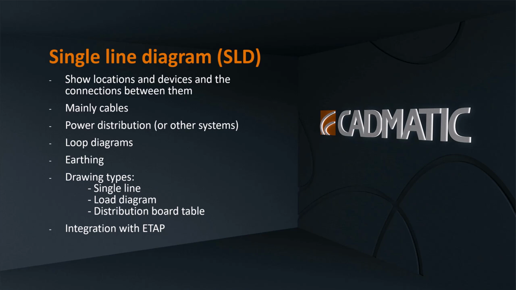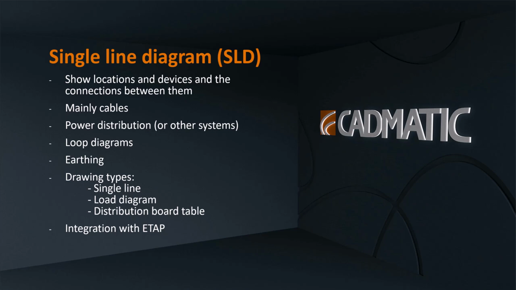Drawing types in CADMATIC Electrical are, in general, called single line diagram, but for some technical reasons we have divided this single line diagram into 3 different subcategories. First one is the single line itself. It's like these single line drawings that you may see.